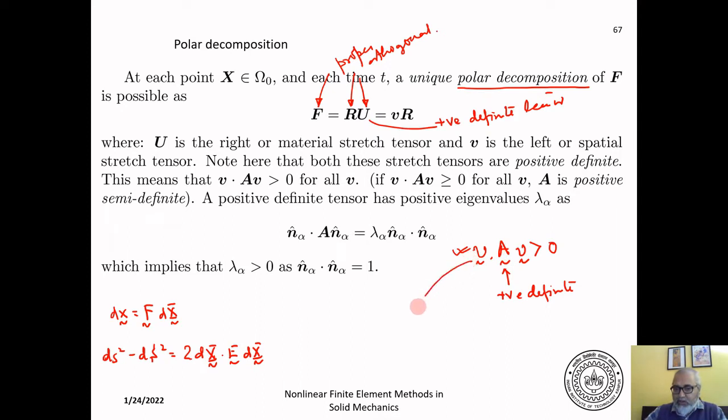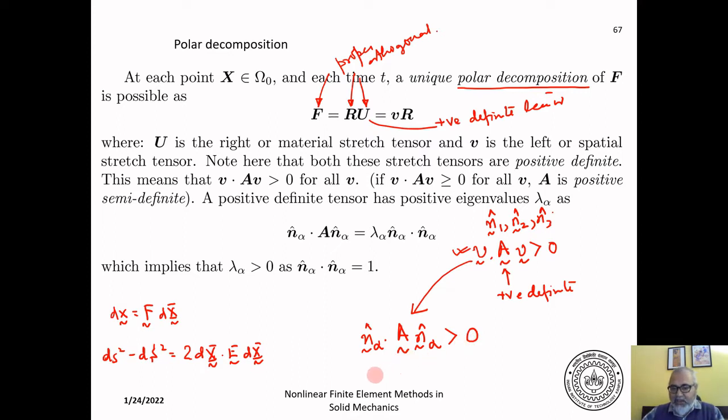So how does that follow? Suppose this matrix A has eigenvectors n1 hat, n2 hat and n3 hat. I will replace v by the eigenvectors. So I'll write n alpha hat dotted with A times n alpha hat has to be greater than 0 for a positive definite tensor.